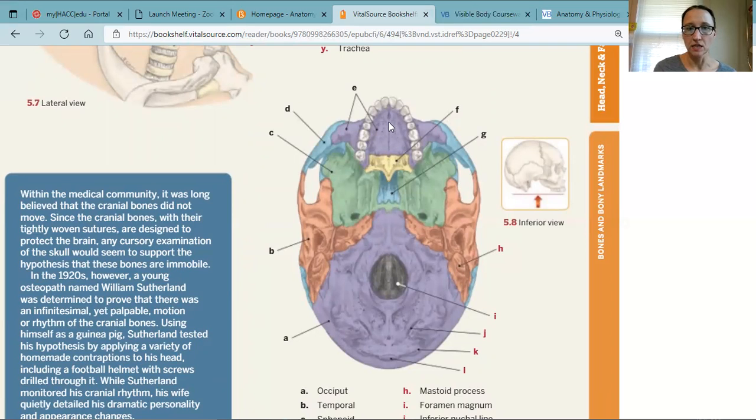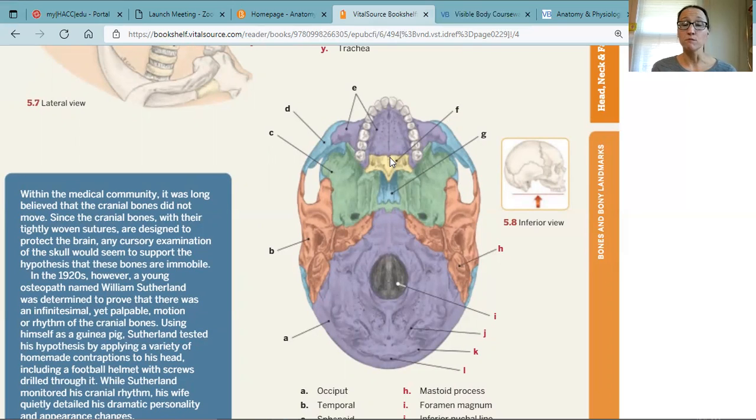And as you can see, there's a line that goes down through there because when you're forming in utero, these two sides come together and connect. Sometimes, though, that is incomplete and you end up with a hole right through here. So it doesn't close all the way, and that is called a cleft palate.